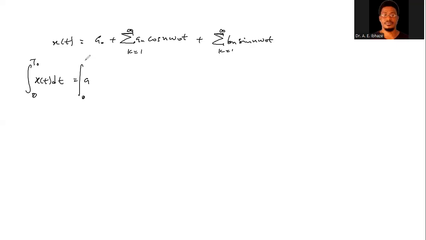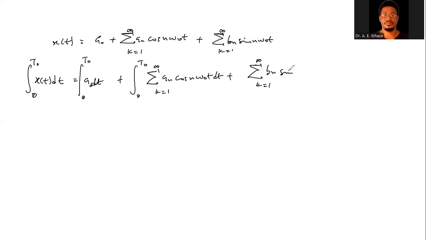the integral of s of t dt is the same as integral 0 to T naught of A naught dt, plus integral 0 to T naught of sigma k from 1 to infinity a_n cos n omega naught t dt, plus integral of sigma k equal to 1 to infinity b_n sin n omega naught t dt.